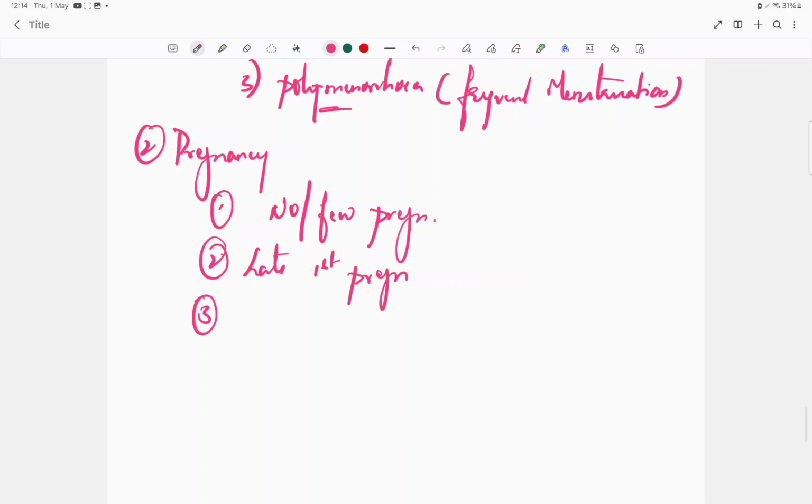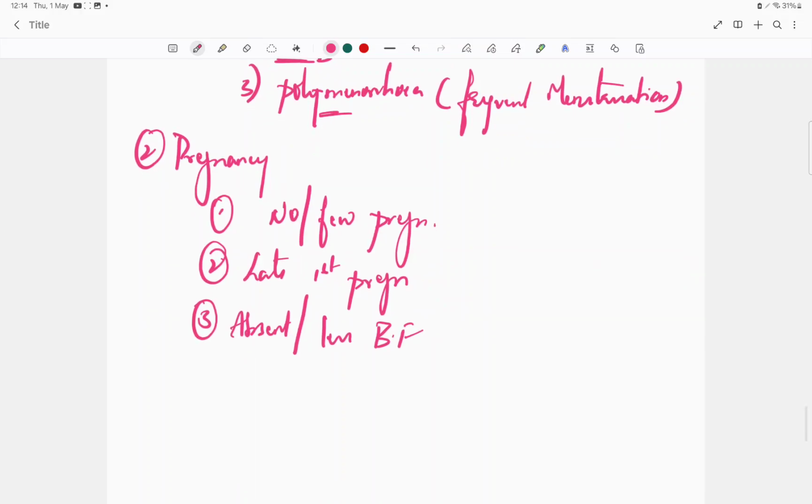And even after pregnancy, breastfeeding should be given, because as long as we give exclusive breastfeeding, they will not have menstruation. Lactation amenorrhea will be there. So absent or less breastfeeding will lead to high risk for endometriosis.